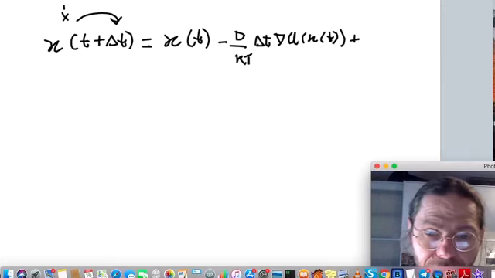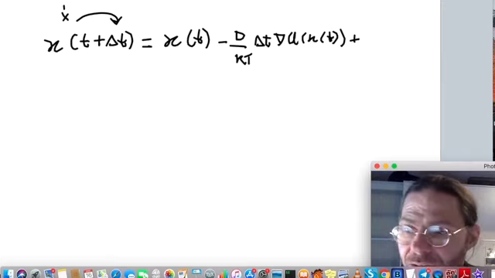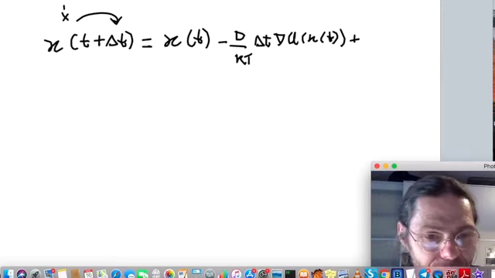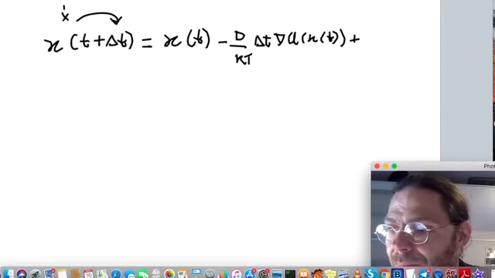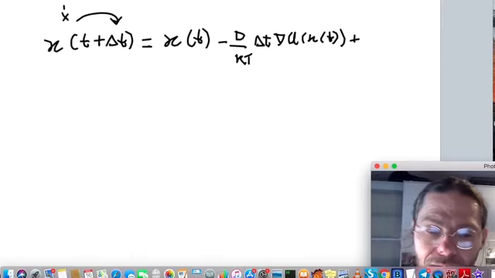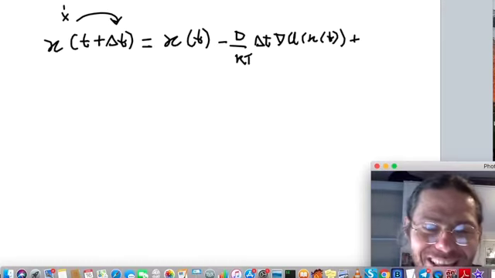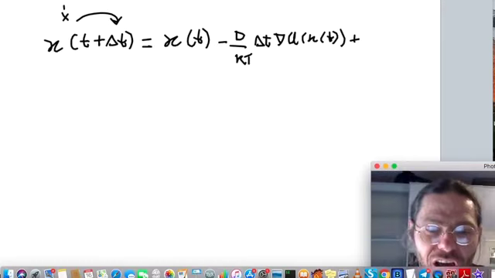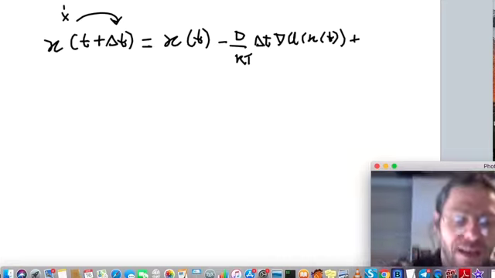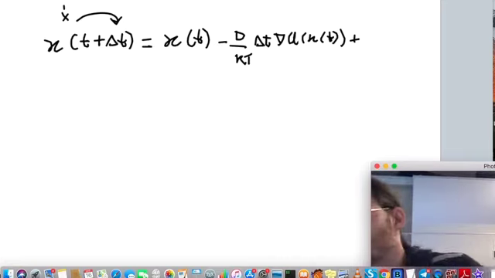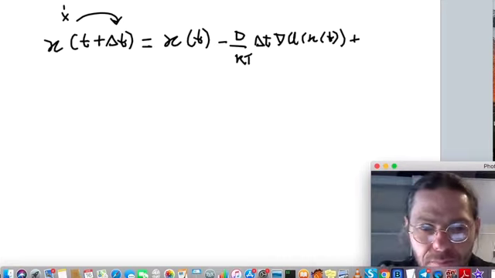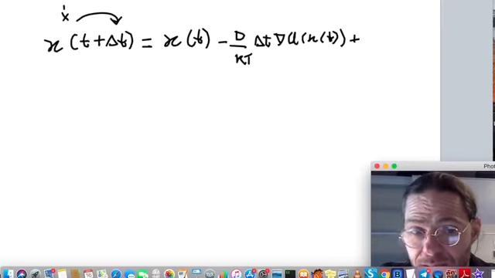the stochastic force. Now the stochastic force here has an ambiguity, because to the extent in which delta t is an ultraviolet scale, I could choose to have my stochastic force evaluated at any time between t and t plus delta t.